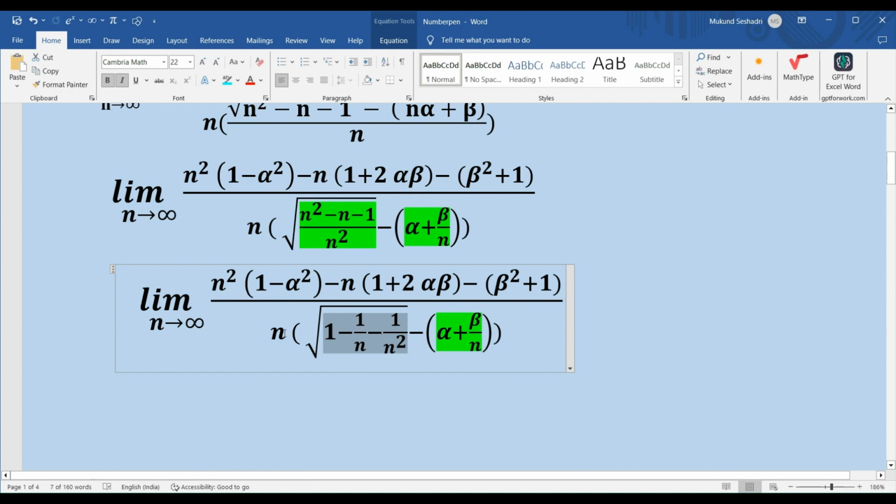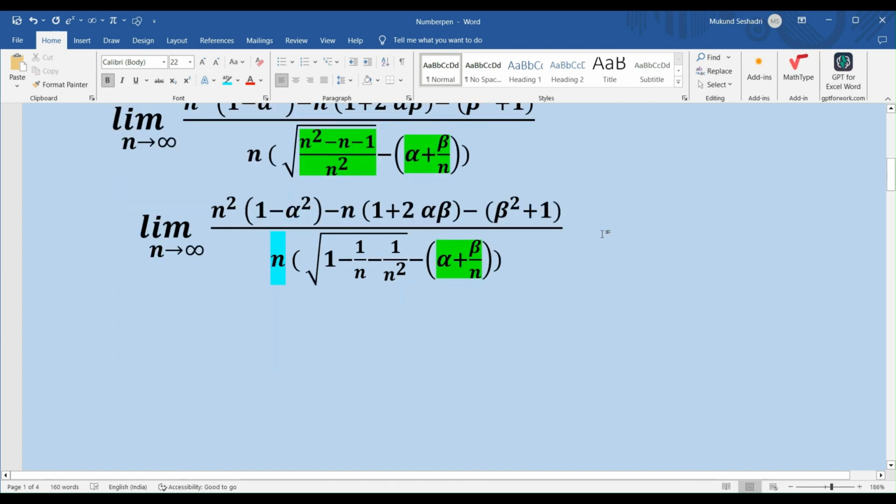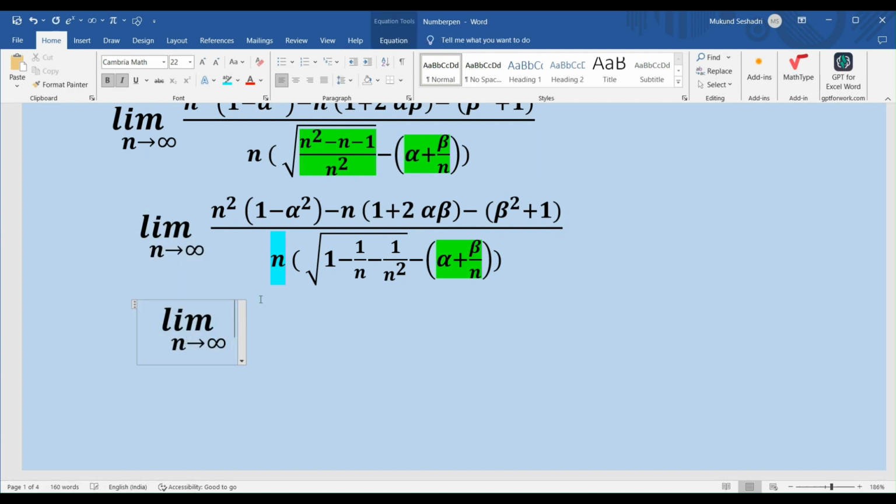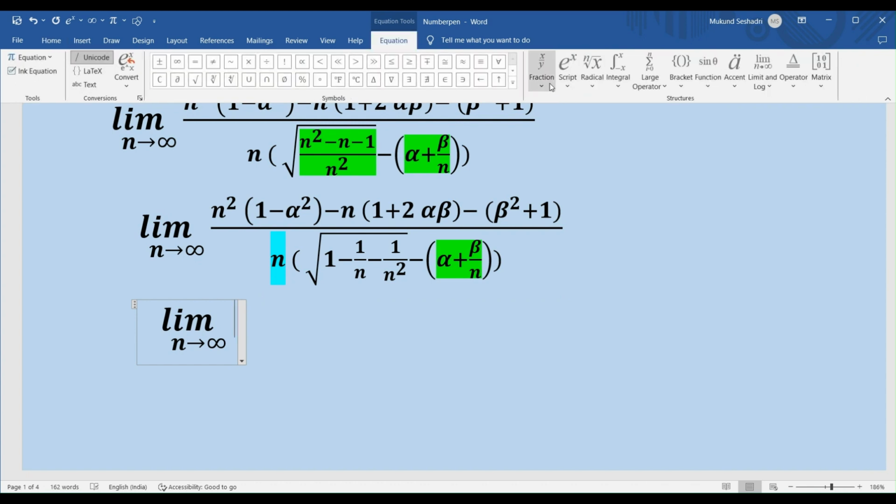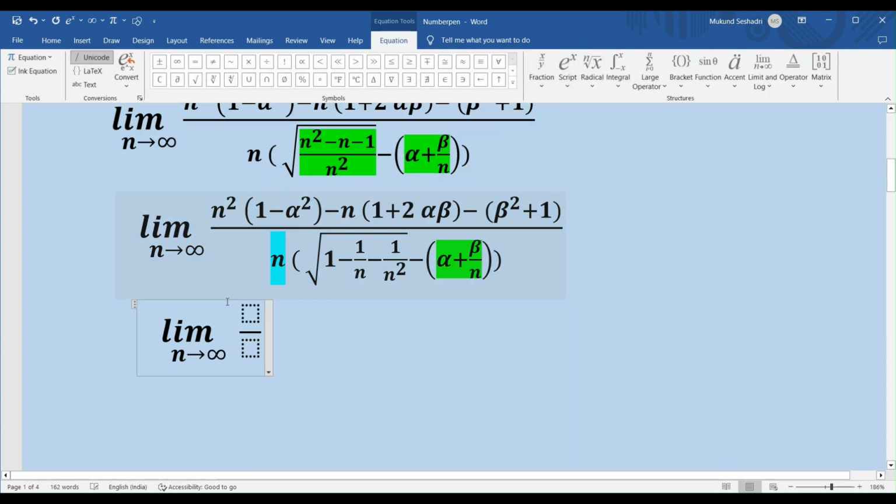Now with respect to the numerator, I know that I can connect this n here, and I'm just highlighting that in turquoise for you folks with the n square and n terms in the numerator. Now what I'm going to do is divide the entire numerator by that particular n, and I'm going to be representing my numerator in the x by y format.